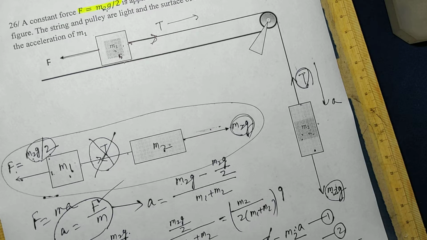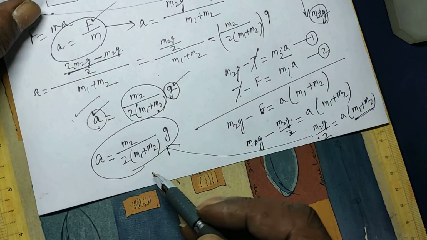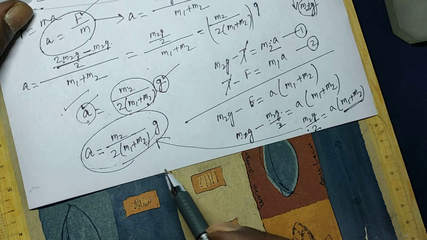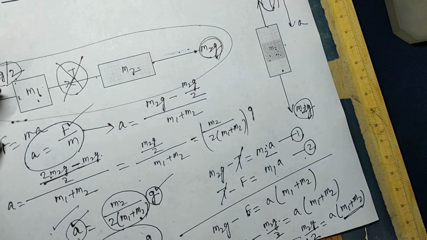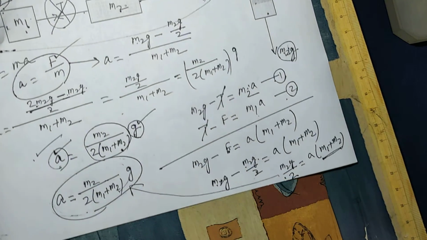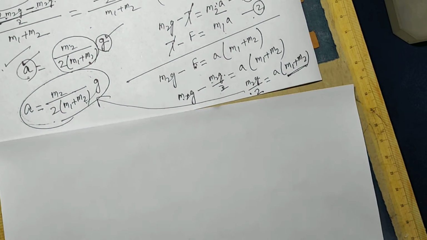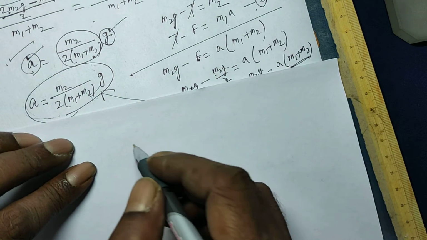Now to find the tension, there is no shortcut. You have to put this value of A either in equation 1 or in equation 2. So let me put it here in the second equation and find the tension.